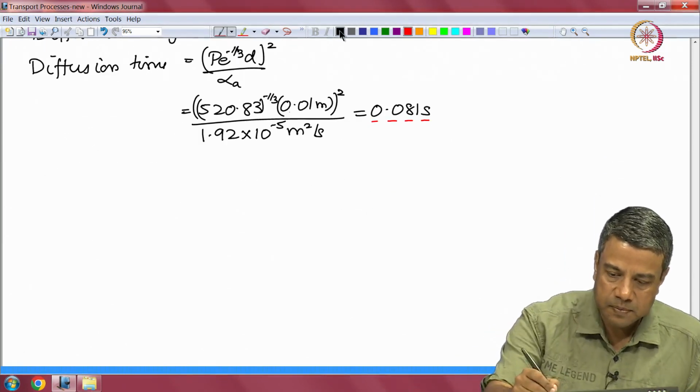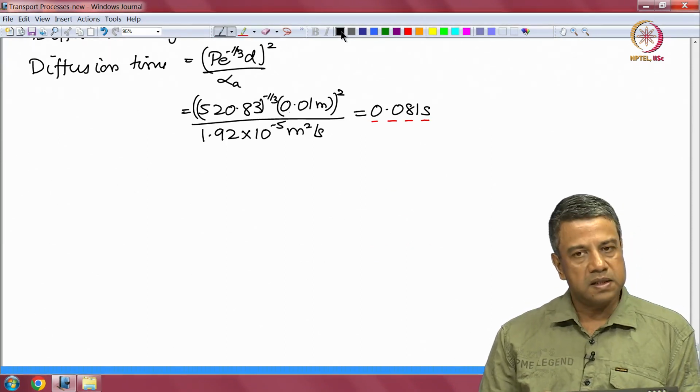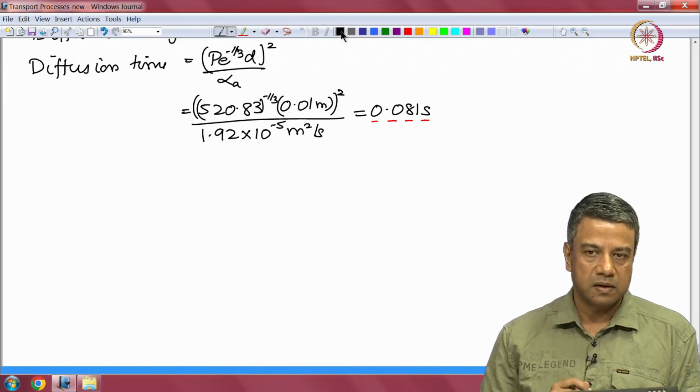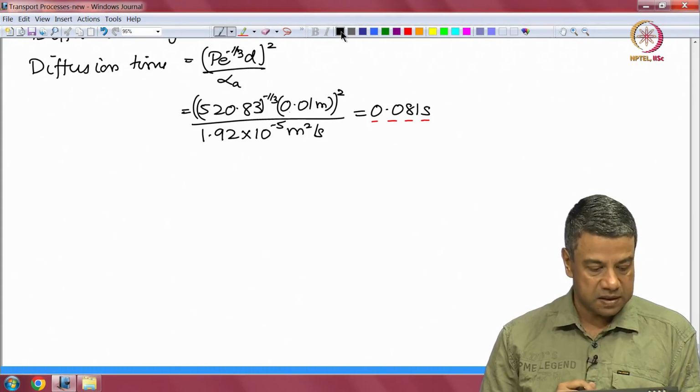So, this is an example where the temperature of the boundary is changing. Let us consider an example where the boundary condition or the diameter itself is changing for a particle, that is, the boundary surface itself is changing.